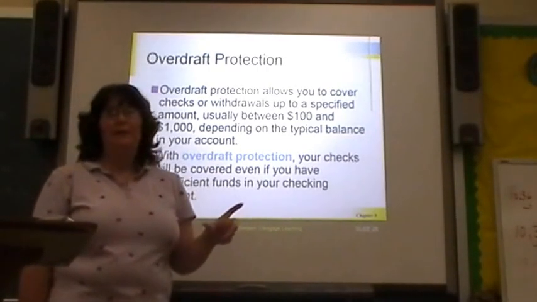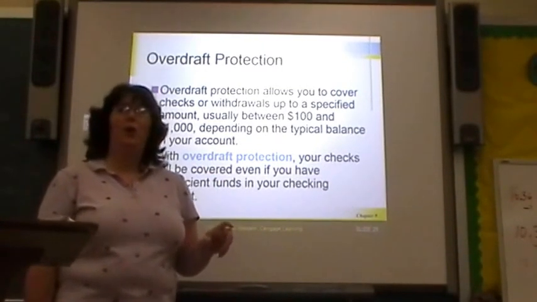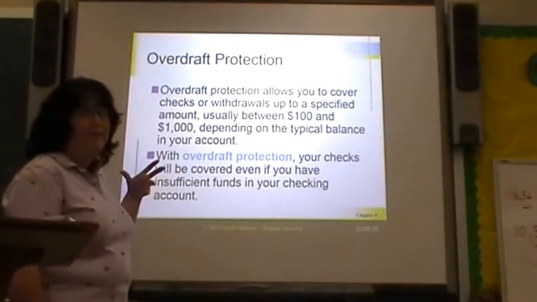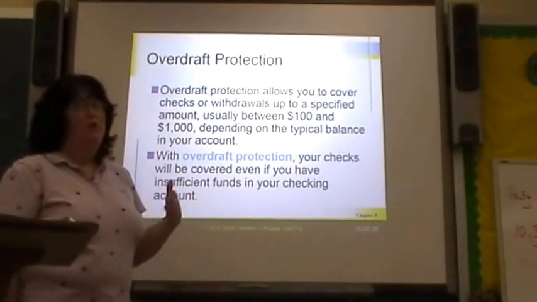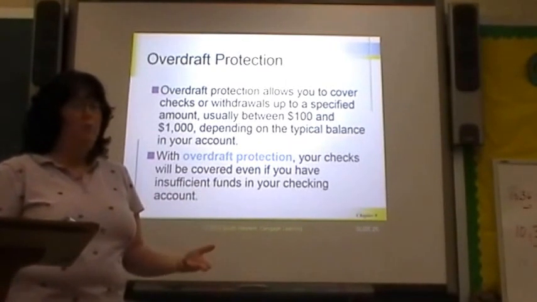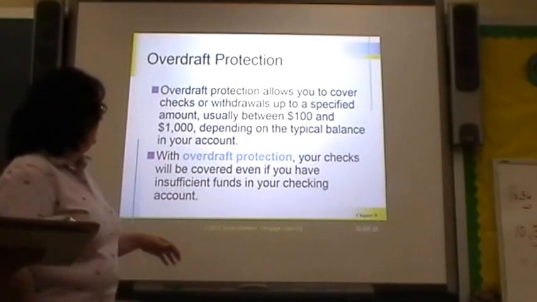So if you typically have $75 in your account, they're not gonna overdraft protect you to $1,000, okay? So it's not a magical thing. You're paying for it, and it's really dependent on how you've conducted your personal financial business with that institution.